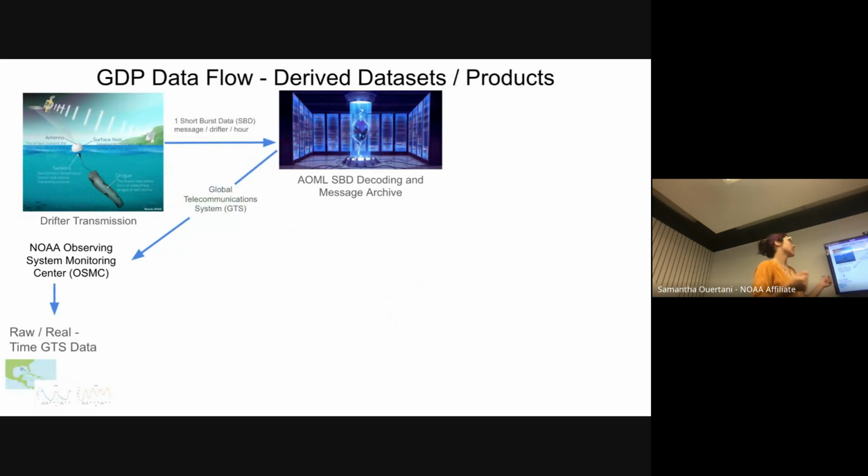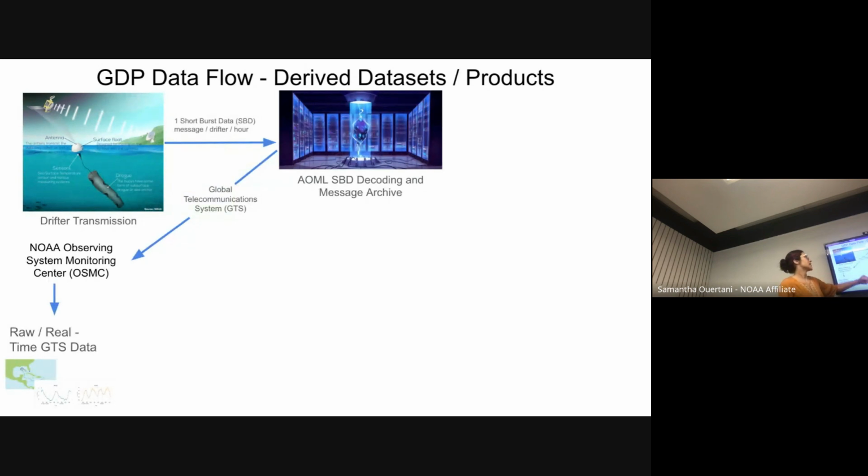Drifter data starts all the way out here on the left with our drifter transmission. So every hour on the dot, we have a drifter that transmits recorded sea surface temperature and location to a satellite passing by overhead. And that satellite then sends one short burst data message, or an SBD message, to our sensor here at AOML, the SBD Decoding and Message Archive.